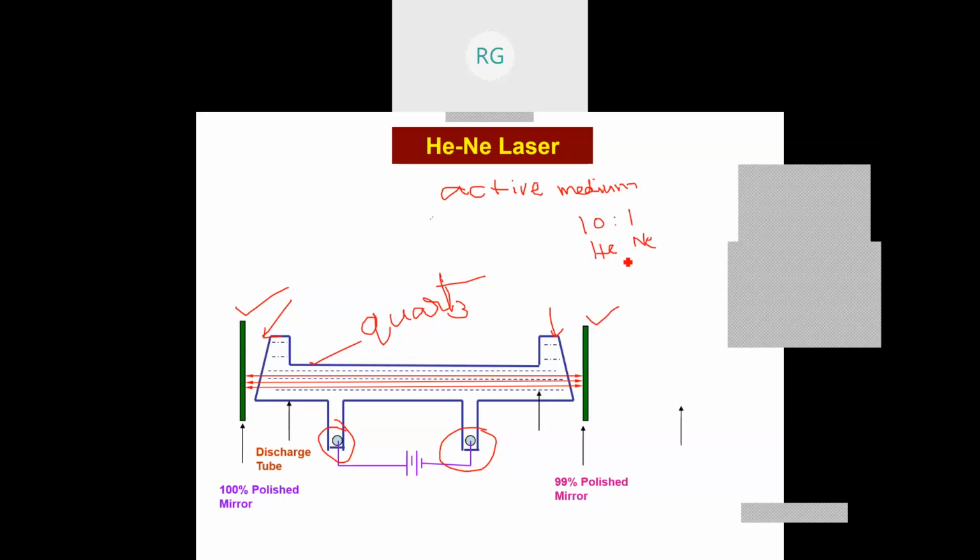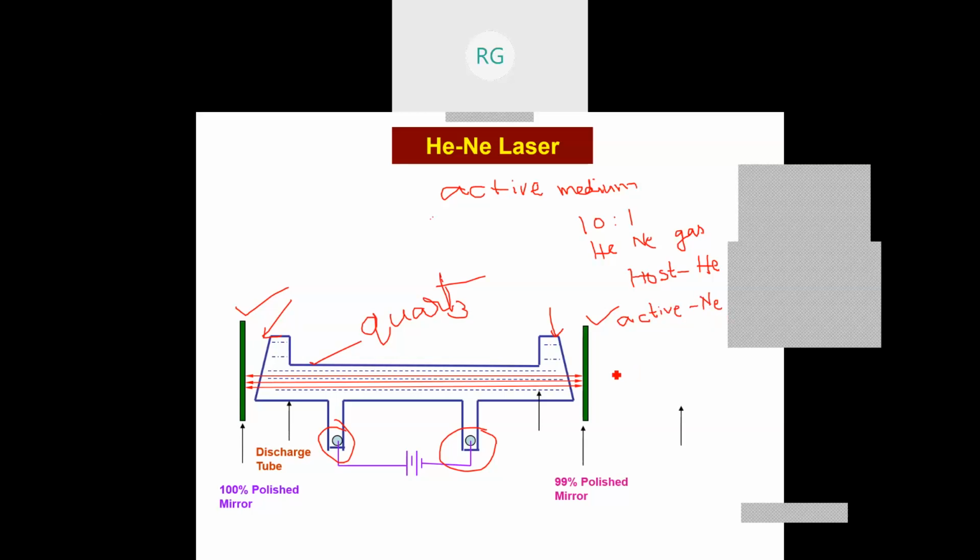The active medium is the helium neon gas. In this active medium, the host is generally the one which provides the material for holding impurities. So here the host is helium, and the active center, which provides metastable states and lasing action, is neon.